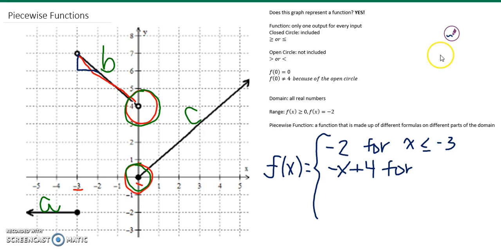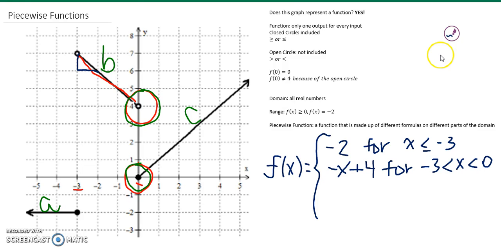However, we need to remember that -3 and 0 are not included in our function. We write this by saying -3 less than x less than 0.